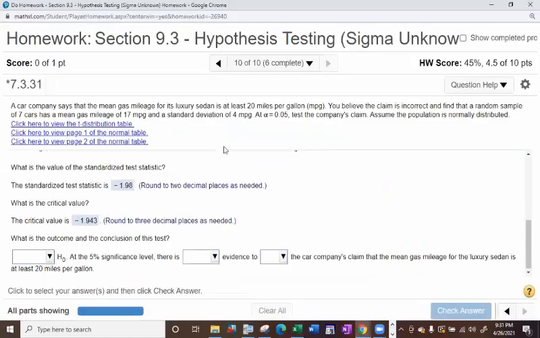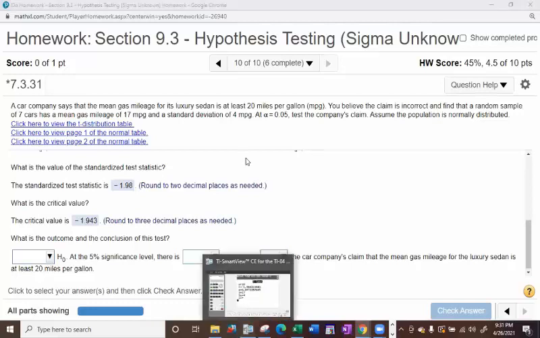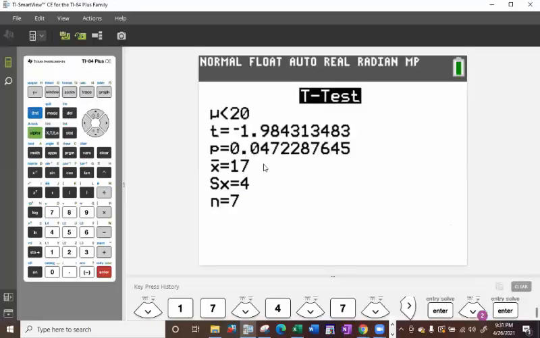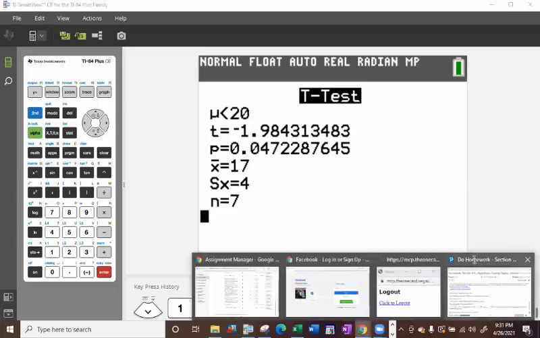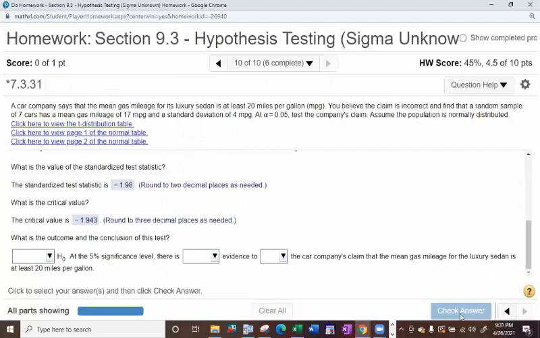So the p-value is, what's 0.05? Yeah, look, alpha is 0.05. So p is 0.047, which is barely less than 0.05. It's barely less, but that means reject. So we're going to definitely reject the H0.